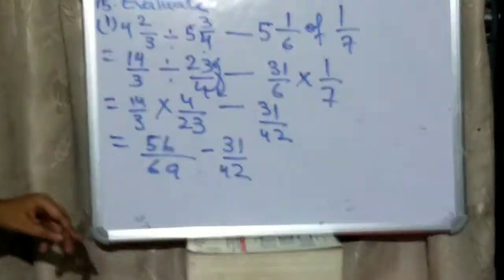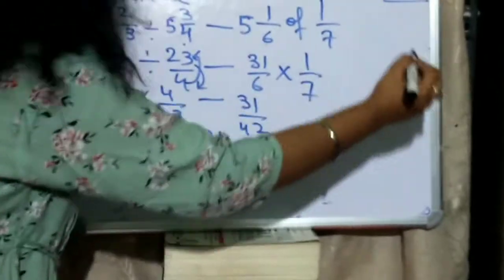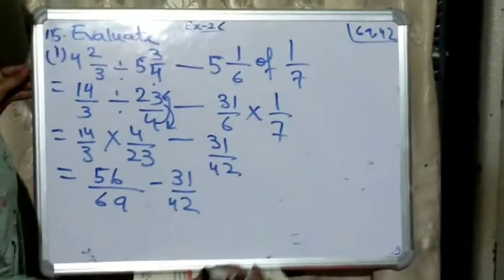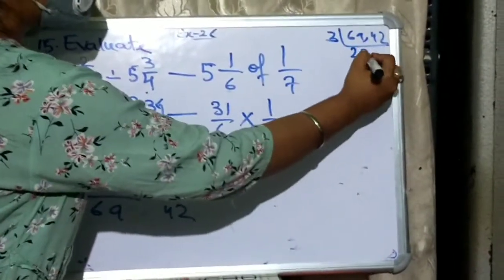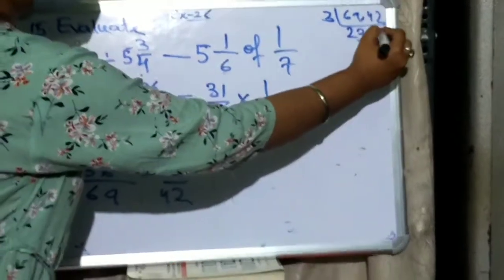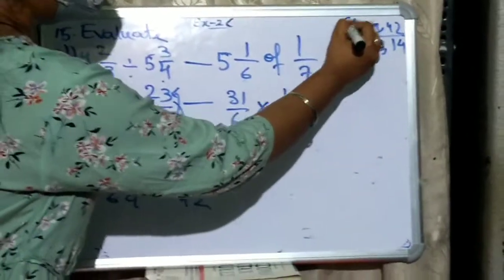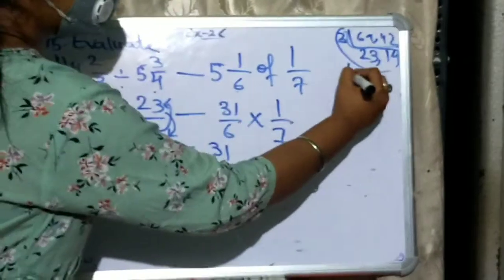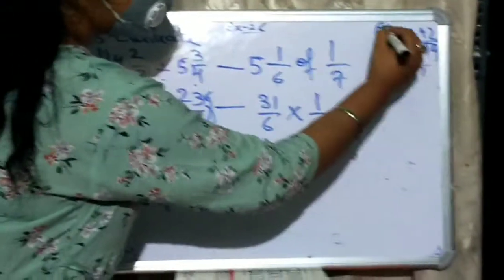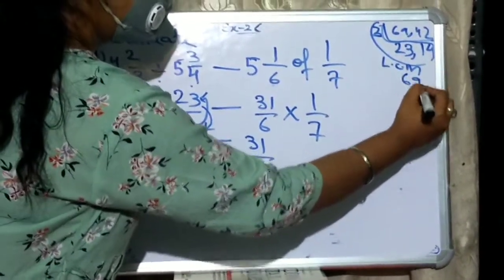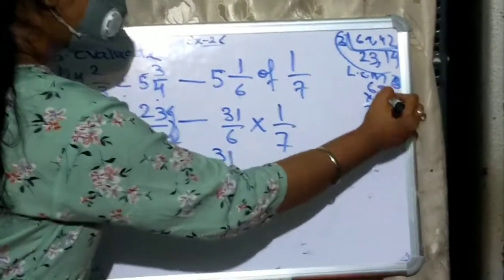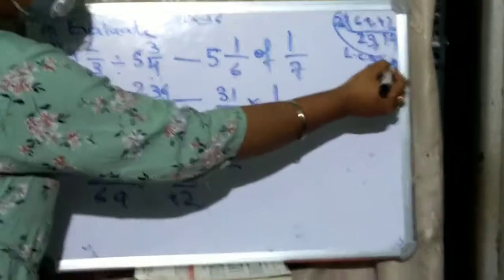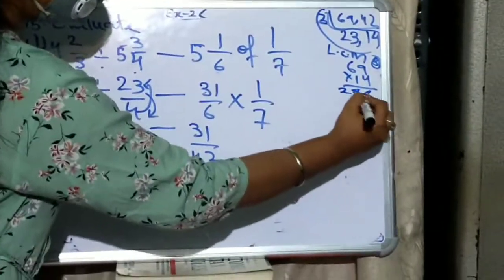This you can solve by taking the LCM. For 69 by 42, I can divide by 3. 3 2s are 6, 3 3s are 9. 3 1s are 3, 3 4s are 12. Your LCM will be the product of these three numbers. So your LCM is 23 into 3, which is 69, into 14. 4 9s are 36, carry 3. 6 4s are 24, plus 3 is 27.